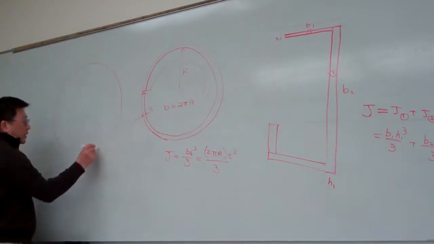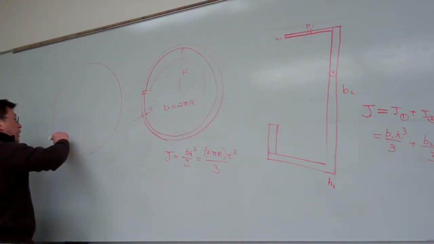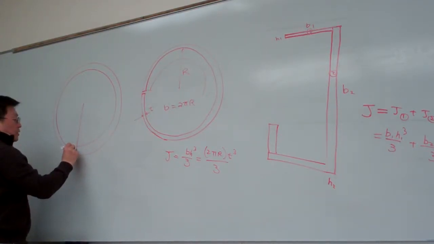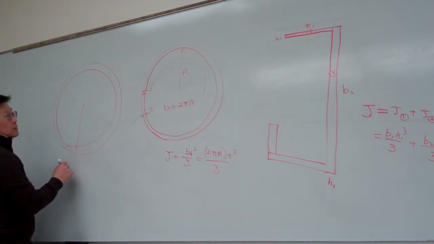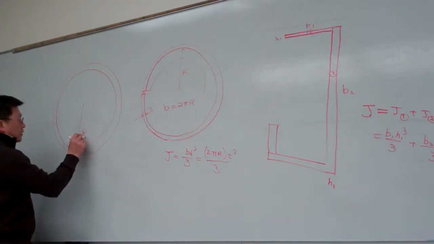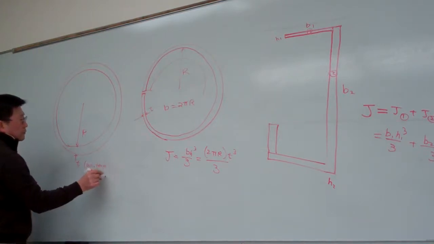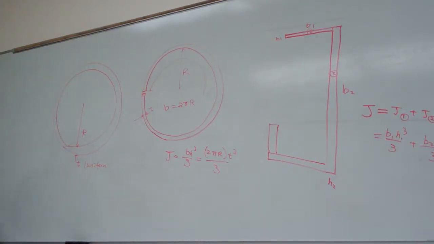If I have a different shaft like this, with radius R and thickness T, T is uniform. If I have another shaft, this is a hollow shaft.